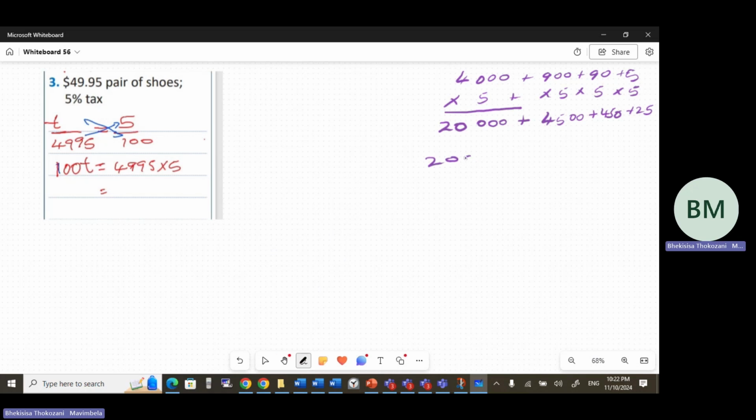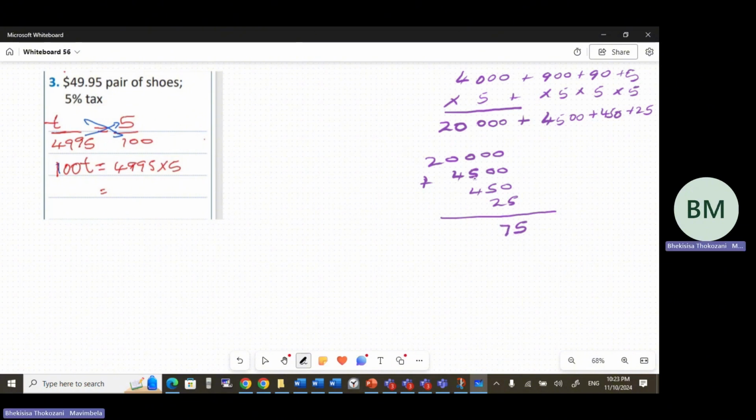Now let's add all of this together. We have 20,000. We're adding everything together. 4,000. Look at how I'm aligning the numbers. 4,500 plus 450 plus 25. Now I'm going to add everything. 0 plus 0 plus 0, and 5 plus 5. And then here I have 7.